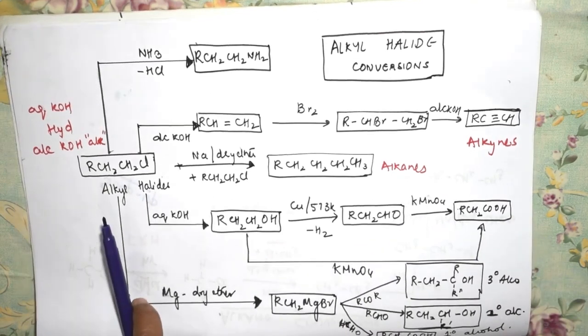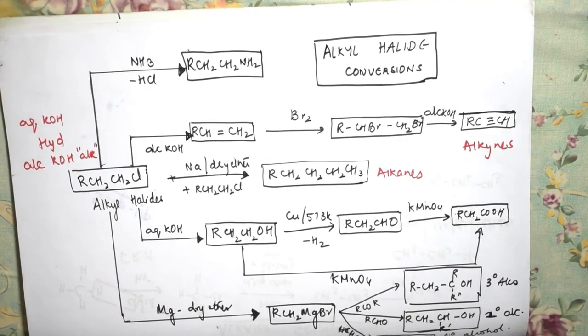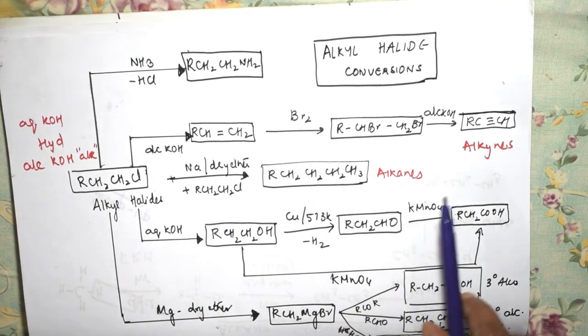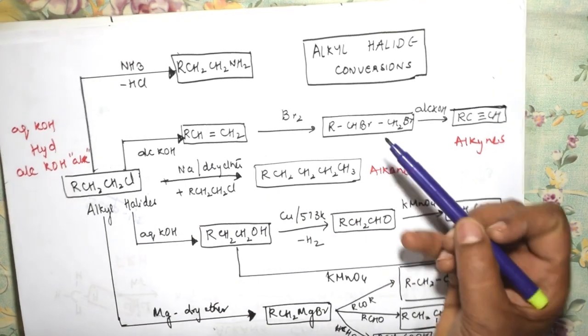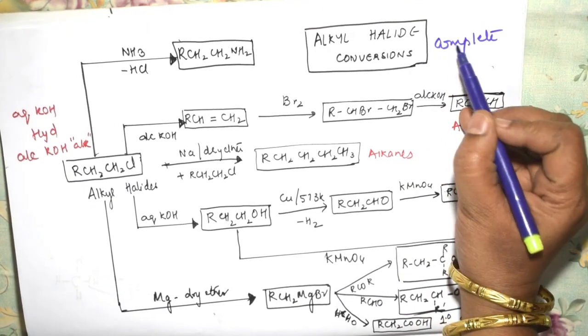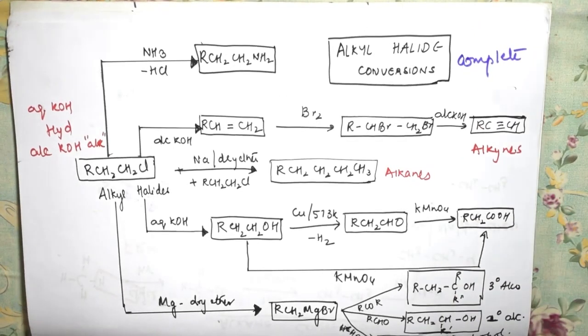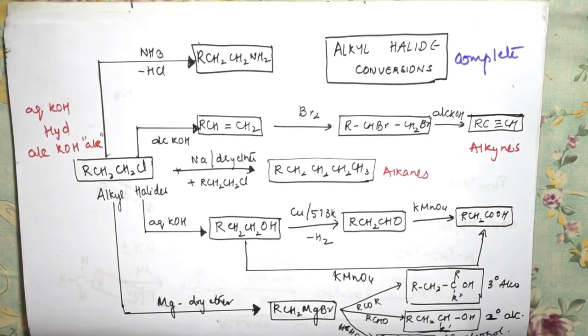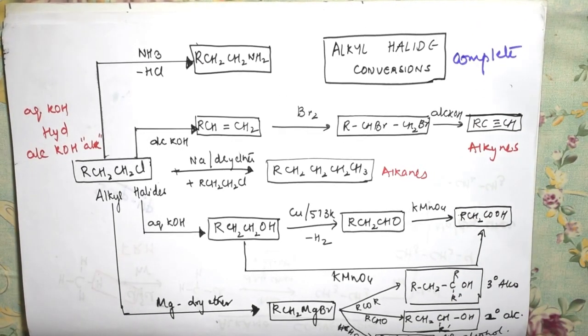Further, I have also shown how alkyl halides are converted into primary, secondary and tertiary alcohols. This is a very important conversion for your complete alcohol chapter and alkyl halide chapter. So I have written here, it's a complete alkyl halide conversion sheet. It's a mind map. Please note it.